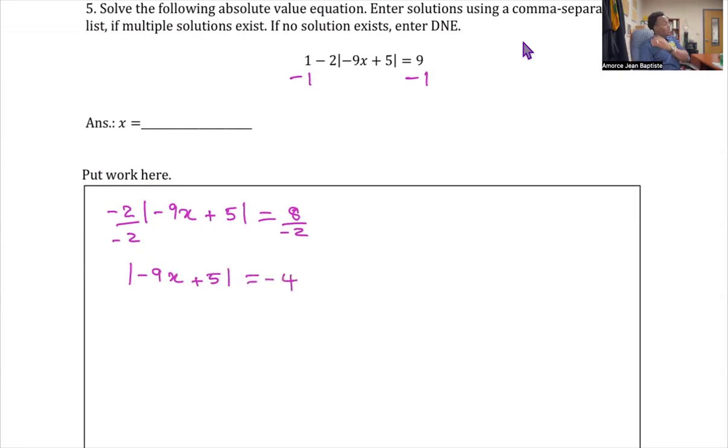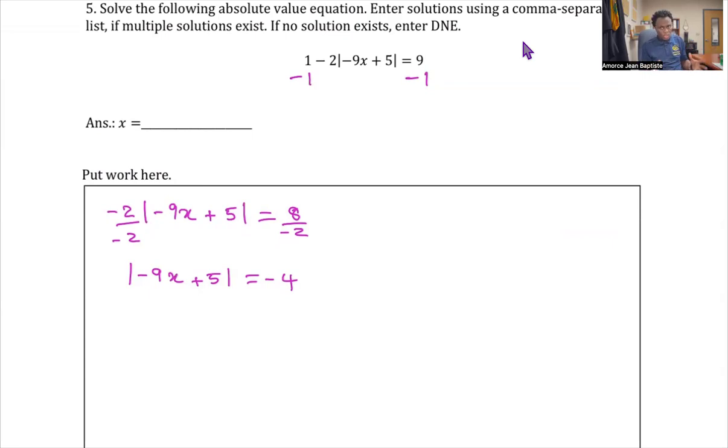Well, the one thing that we already know here is that this equation will have no solution. We already know that because the absolute value of a number cannot be negative. But how do you demonstrate this? You need to demonstrate the steps of your answer. We're going to do that, right? But we already know the answer would be no solution.